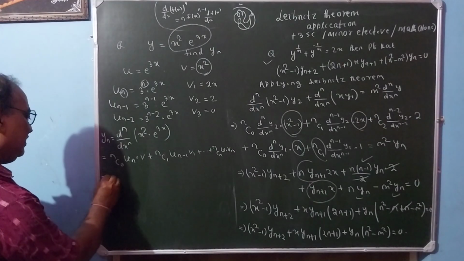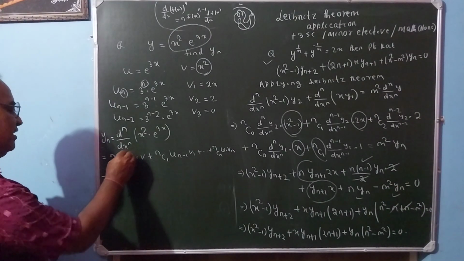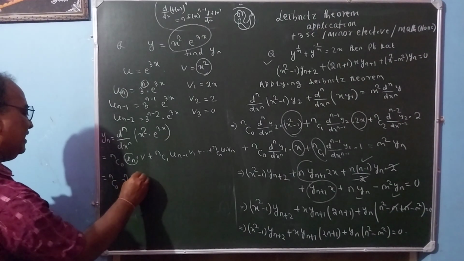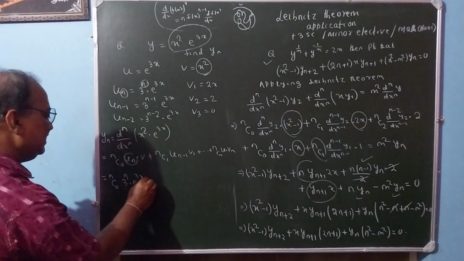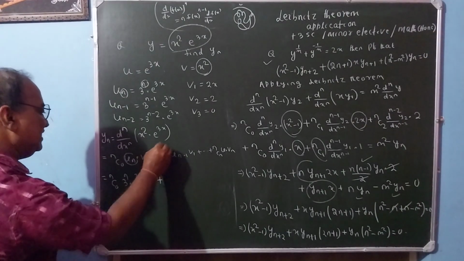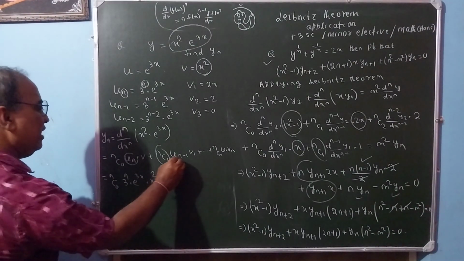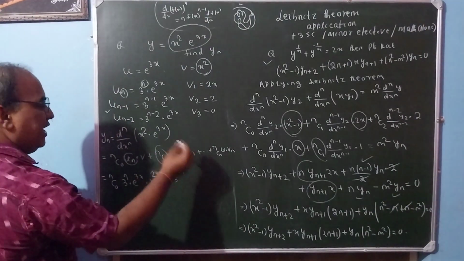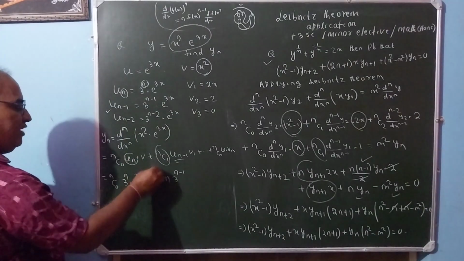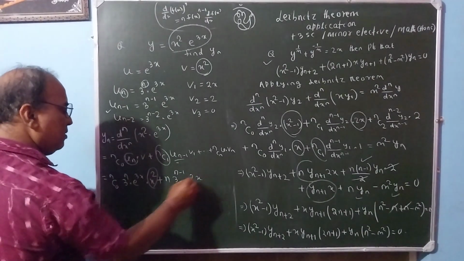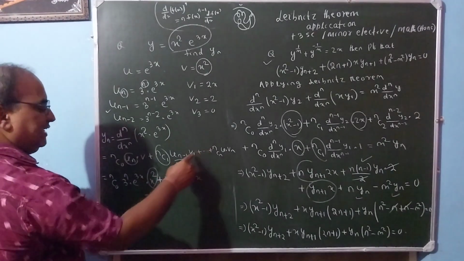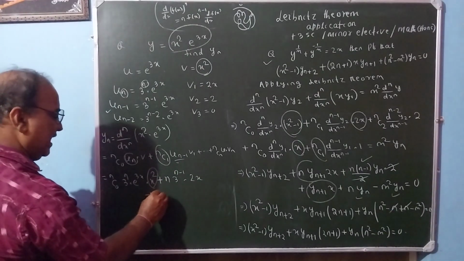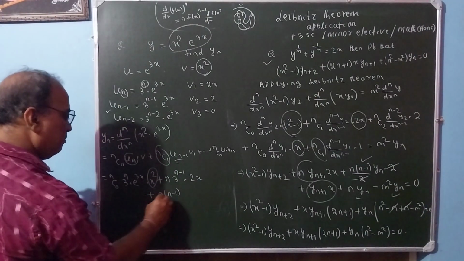Okay, now applying nC0 u_n. What is u_n? 3 to the power n into e to the power 3x, into v means it is x squared, plus nC1, it is n, u_{n-1}, which I've already found here, 3 to the power n minus 1, into v_1, meaning derivative of x squared, it is 2x, plus next nC2 means n into (n minus 1) by 2.